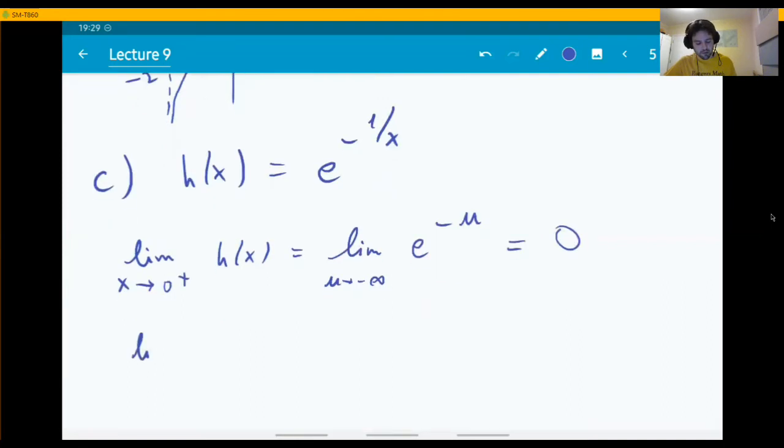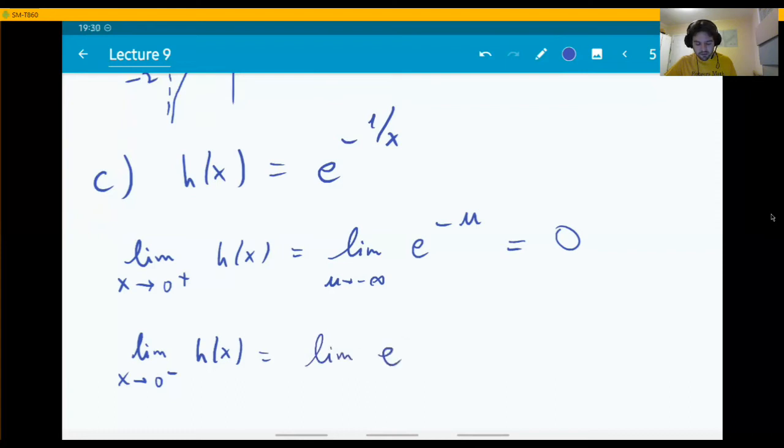But what's going to happen with the other limit, going towards 0 from the left? Well, 1 over x is still a form of infinity. It's 1 over 0. But this time x is negative. So it's -infinity for the 1 over x, but we also have a minus outside, making that a plus.